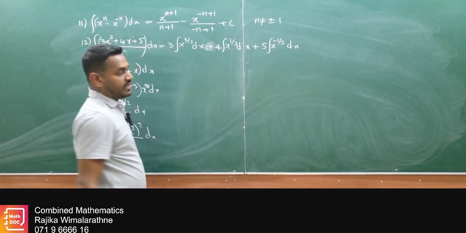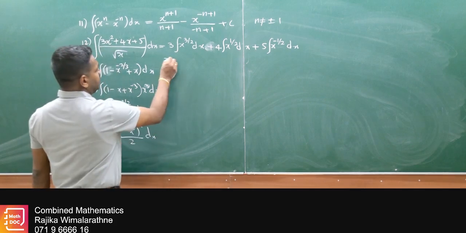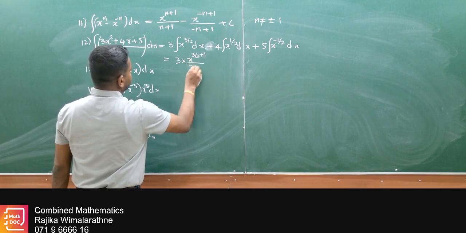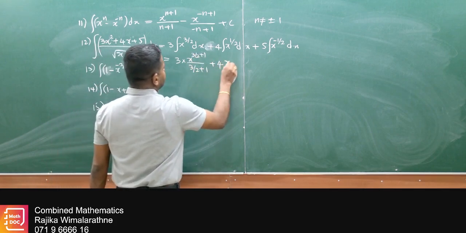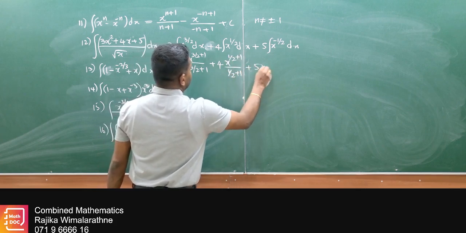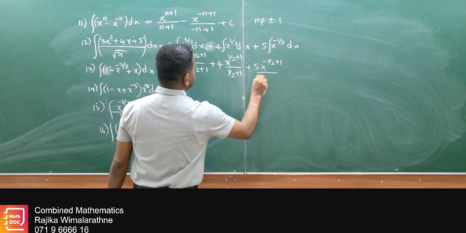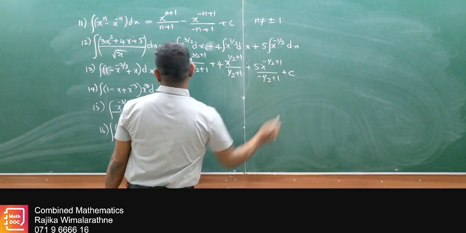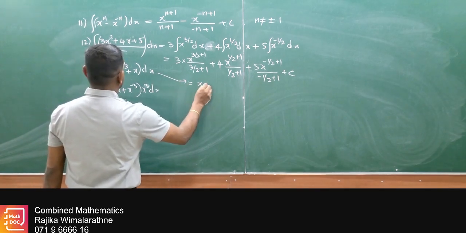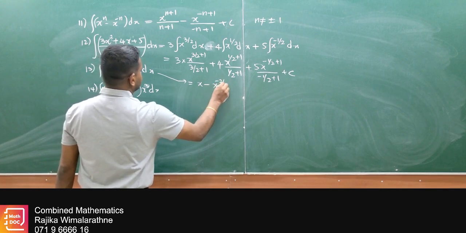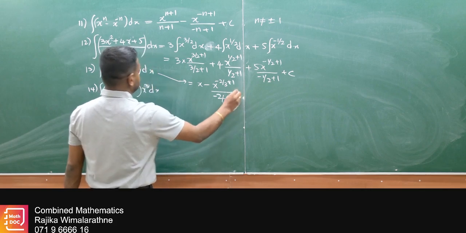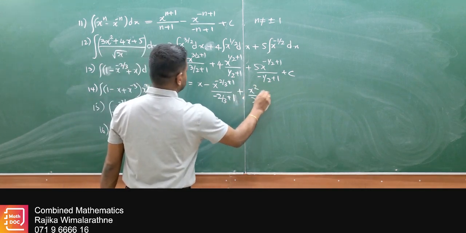Separate the denominator and simplify. Then 3 x to the power 3 over 2 plus 1 over 3 over 2 plus 1, x to the power half plus 1 over half plus 1, x to the power minus half plus 1 over minus half plus 1, plus c. X to the power minus 2 over 3 plus 1 over minus 2 over 3 plus 1, x power over 2 plus c.